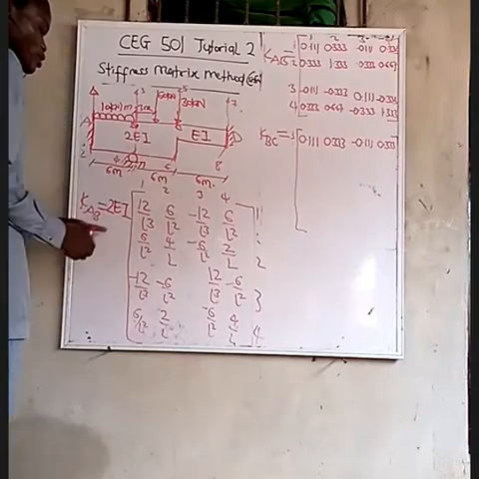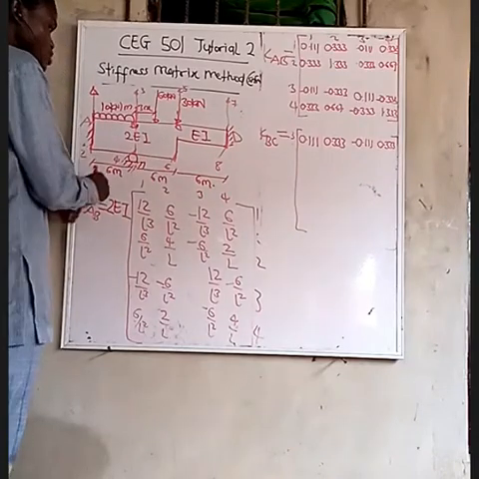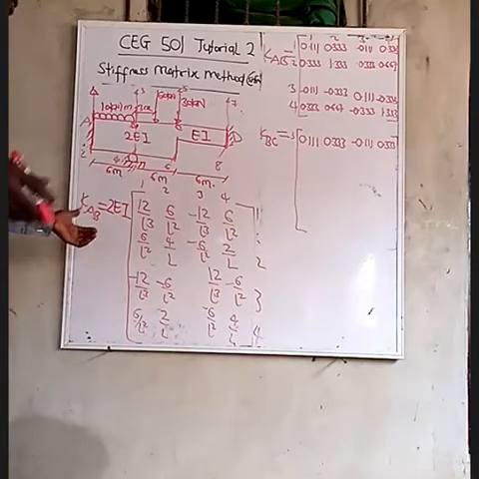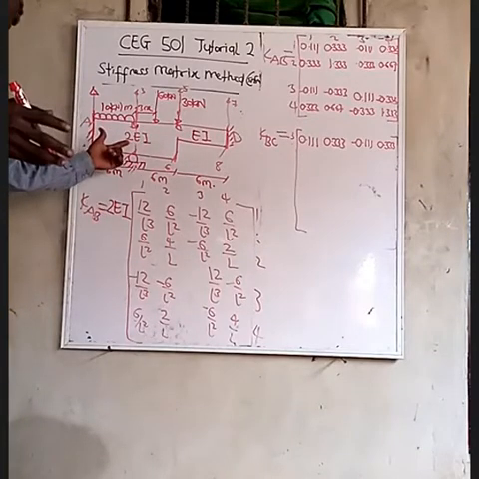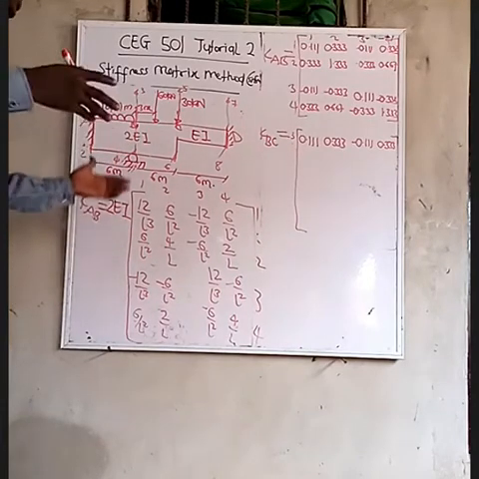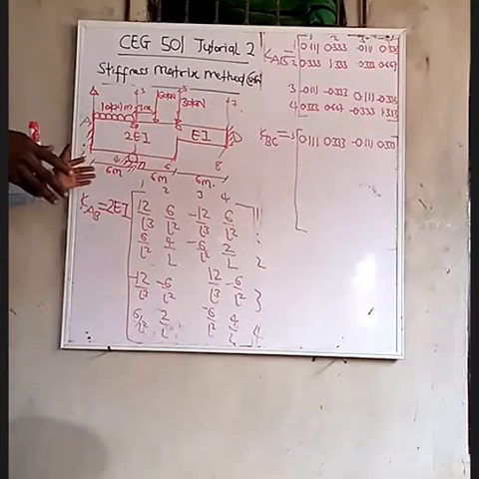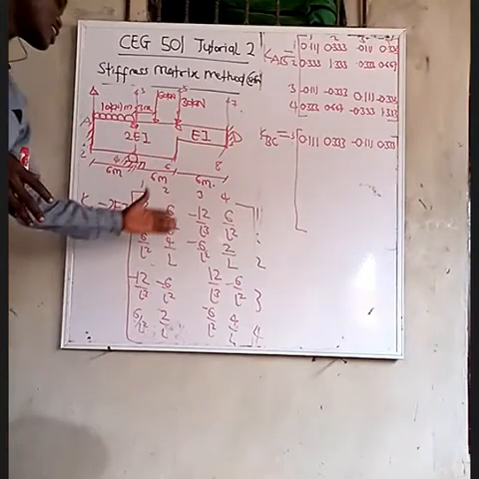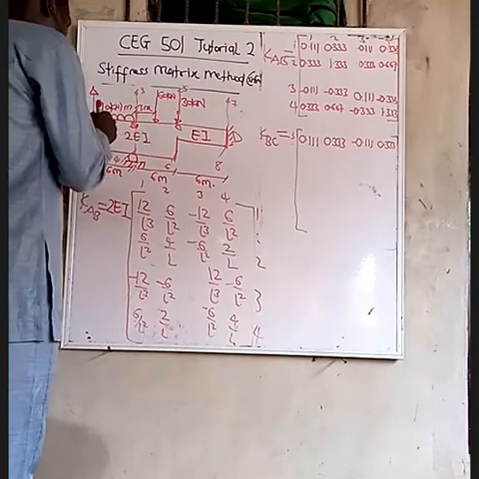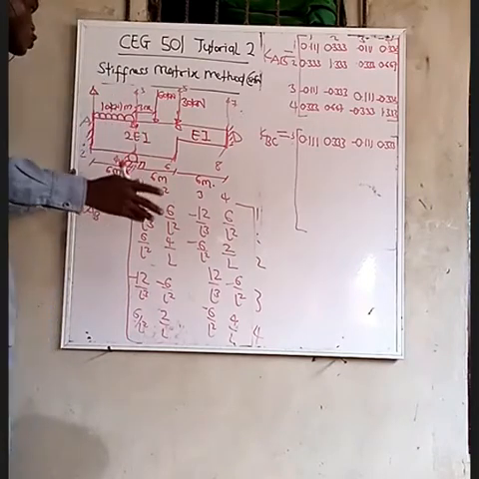If the length were different, let's say the length here was 5 meters, that is when this KAB is not going to be the same as what? KBC. Our KAB is a function of what? The section and the length. Now, since the section and the length are the same for the two parts, that means we are still going to be obtaining the same values.